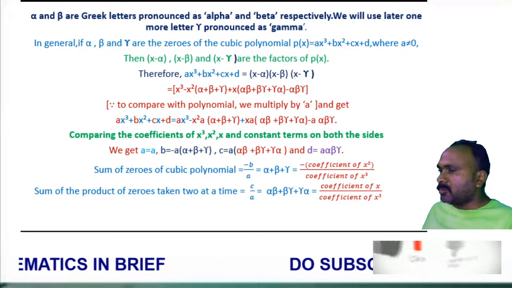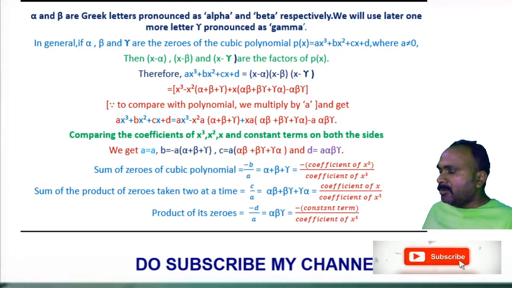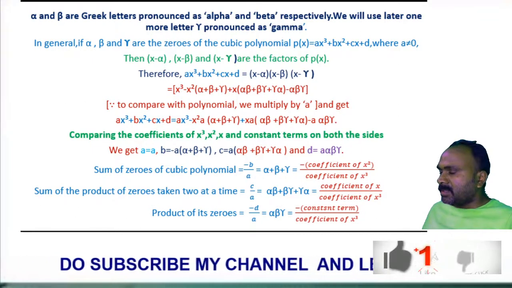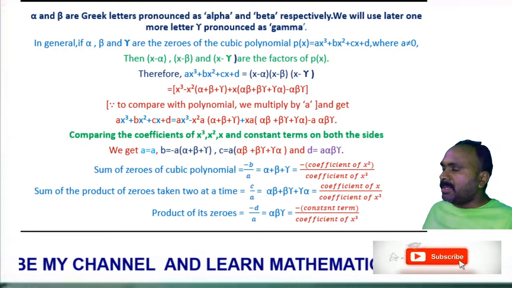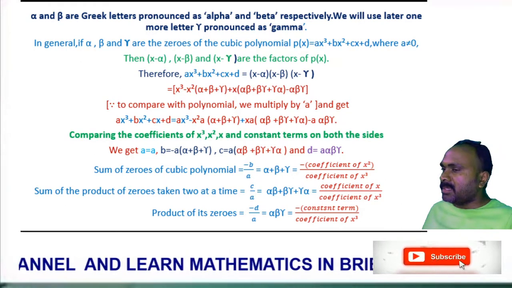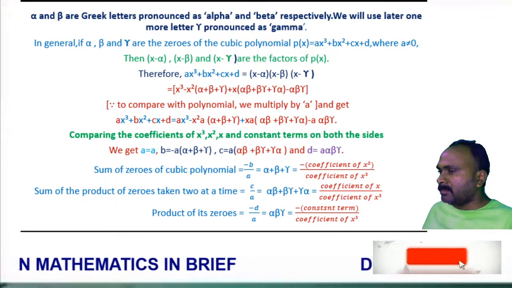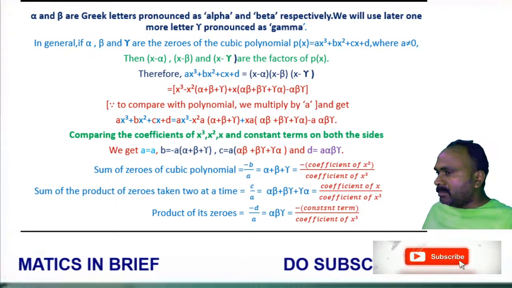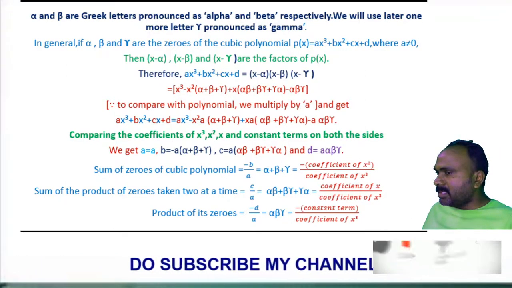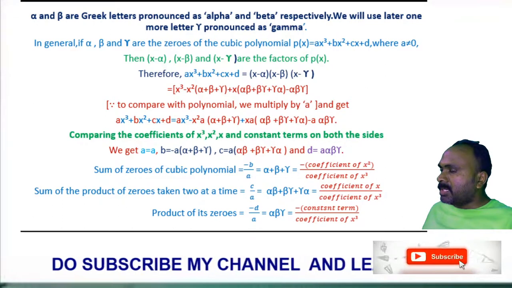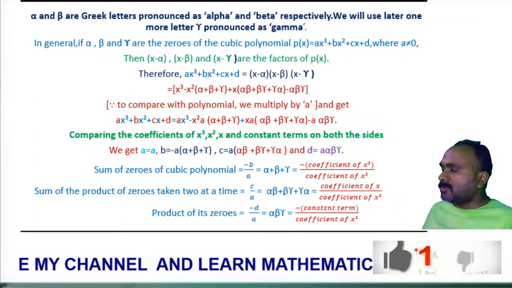The product of zeros, alpha beta gamma, is minus constant term by coefficient of x cube. So for a cubic polynomial, alpha plus beta plus gamma equals minus b by a, alpha beta plus beta gamma plus gamma alpha equals c by a, and alpha beta gamma equals minus d by a.